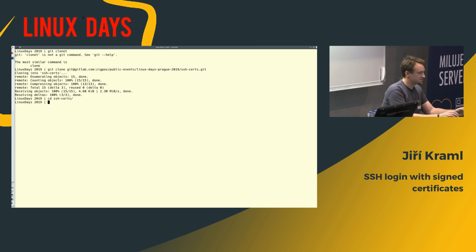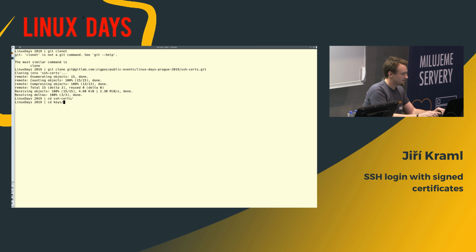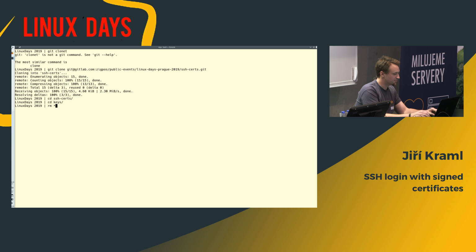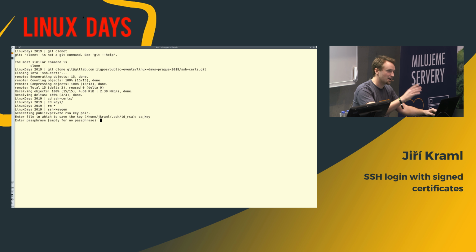Now, normally you'd read the README, but because I wrote it, I know what it says. So we'll just go to keys, remove the key that's present, generate a new root CA key, no passphrase. Actually, I'll use a passphrase for the demo at this point, because that's how we do it, right?